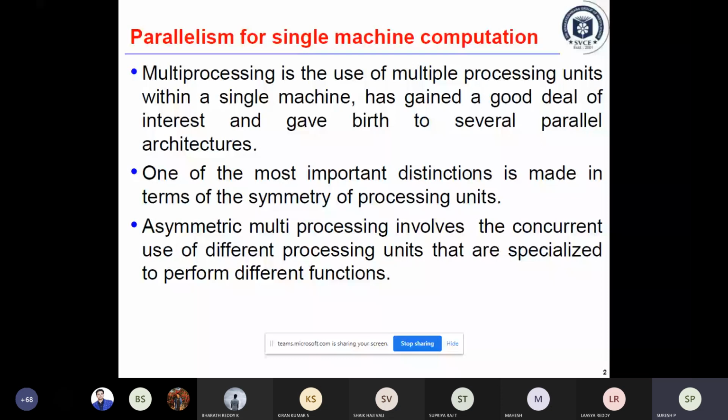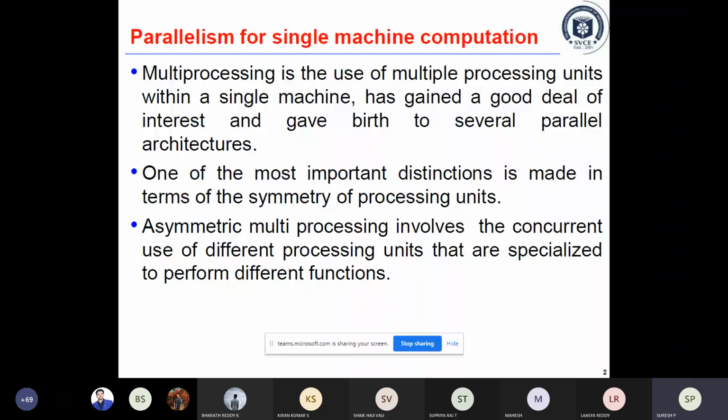Processing units means CPUs. So in a single system, you are going to have multiple CPUs. Inside a single system, you have multiple CPUs, and each CPU is going to perform an individual job, so that the multiple programs will be executing in parallel.